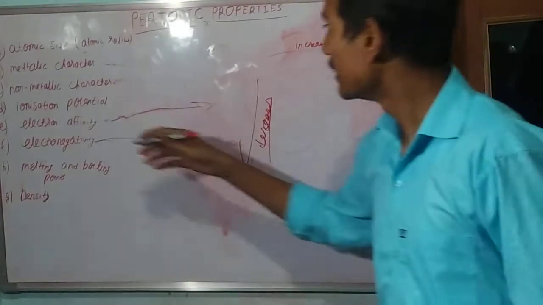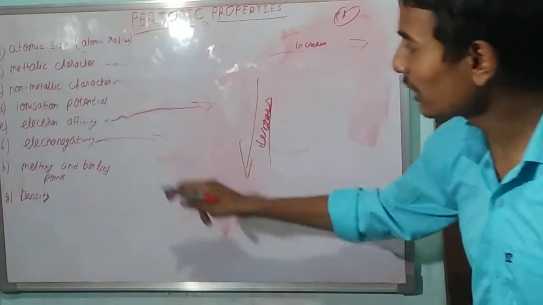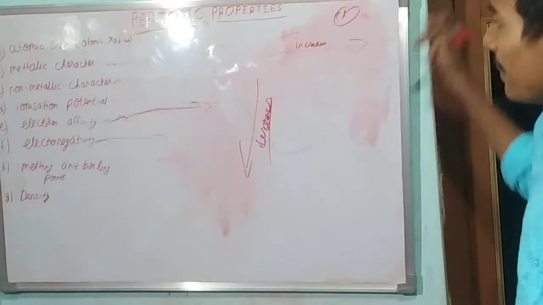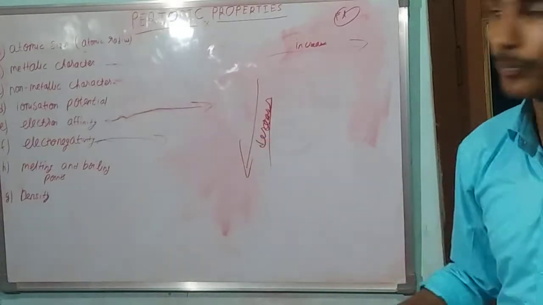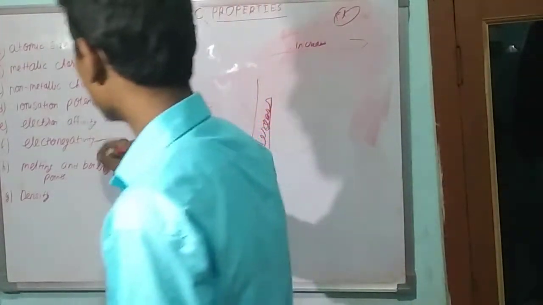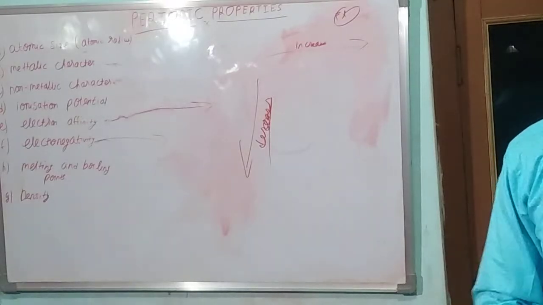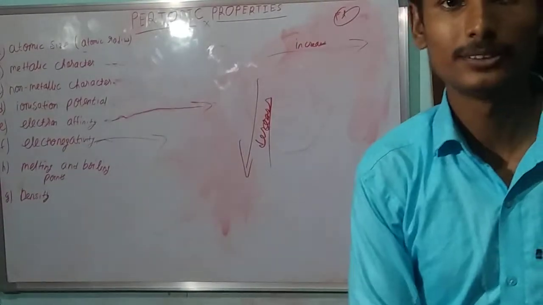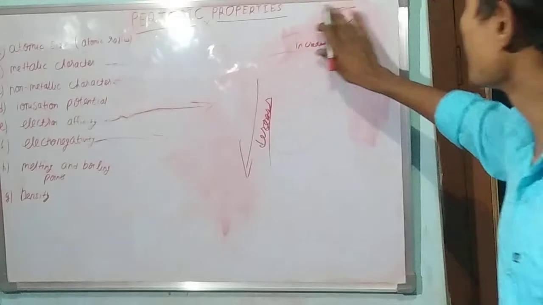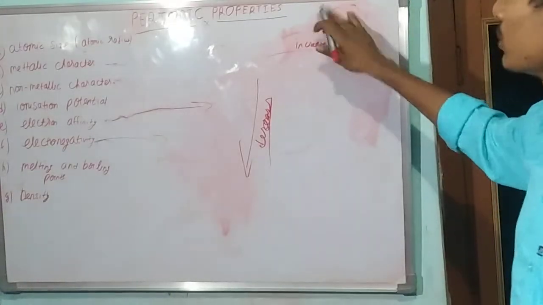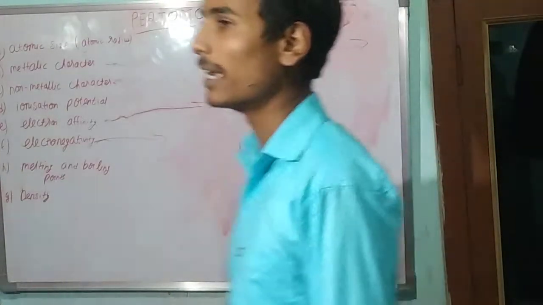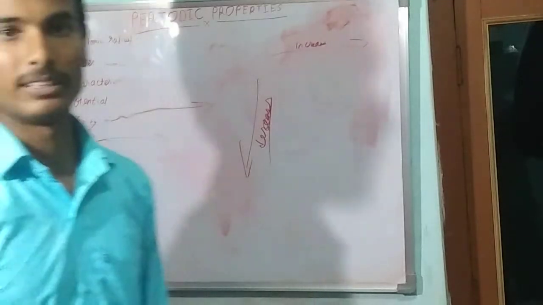Same as electron affinity, electronegativity increases across a period and decreases down the group. Electronegativity is more for non-metallic elements and less for metallic elements. Fluorine has the highest electronegativity, and cesium has the least.